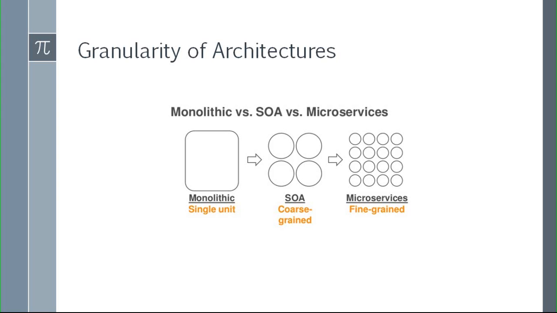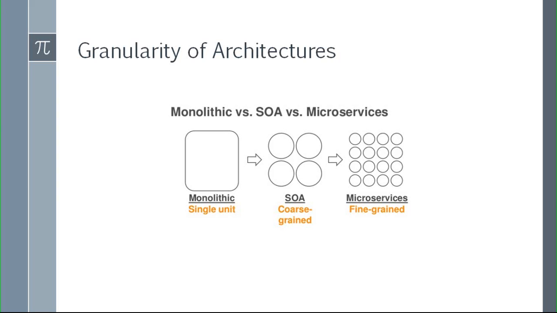In this case, we have an anti-pattern called nanoservices, where you divide a monolithic system into very fine-grained services. It is not suggested, and it is an anti-pattern.